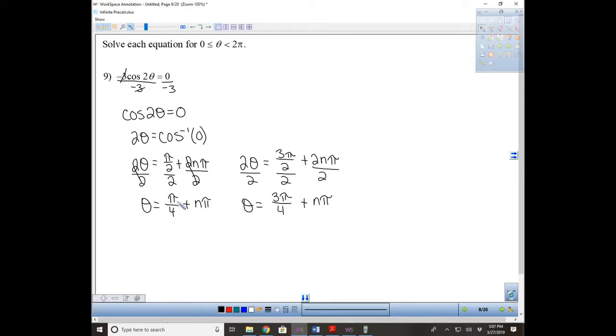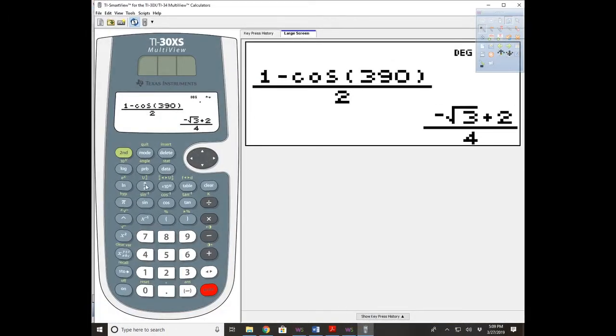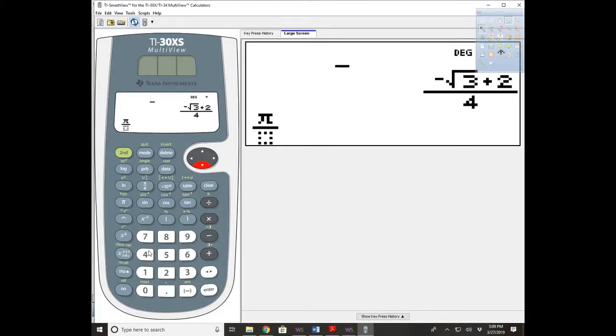So if I think about this, I start at pi over 4. And I'm going to keep adding pi until I get to a number that's bigger than 2 pi. Then I've gone too far. So I take the pi over 4, and I'm going to add pi, and I get 5 pi over 4.